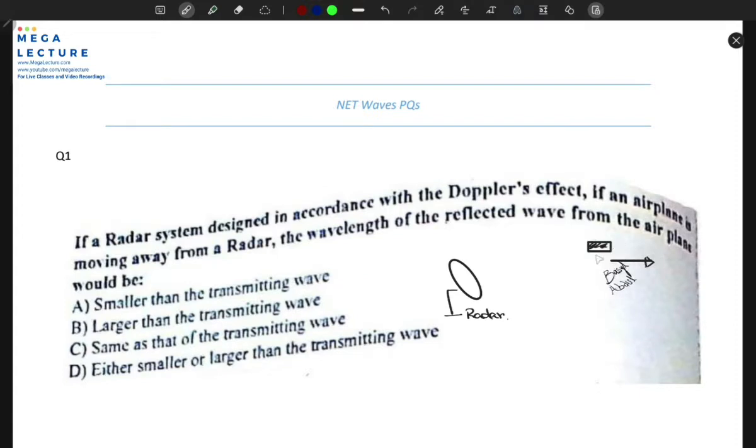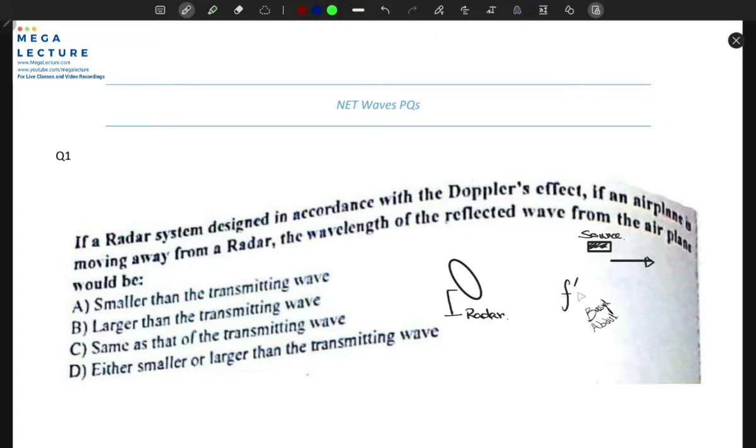So in this case, the airplane is really the source of any sound or any electromagnetic wave, right? It's the source which is giving off the wave. Now, the radar, which is going to observe this wave from the source, is stationary, and the source is moving away from the radar. So we can say that the source is moving away from the observer, and so the apparent frequency would decrease.